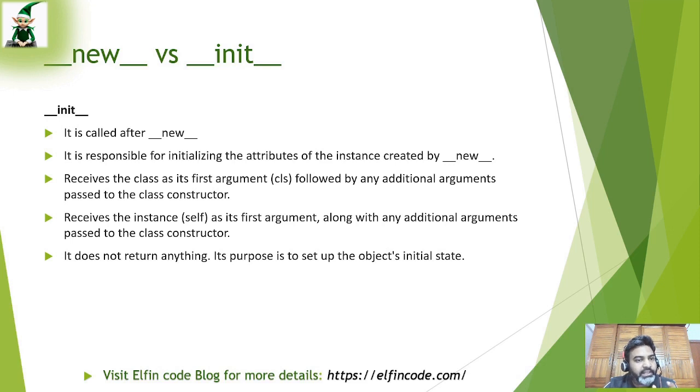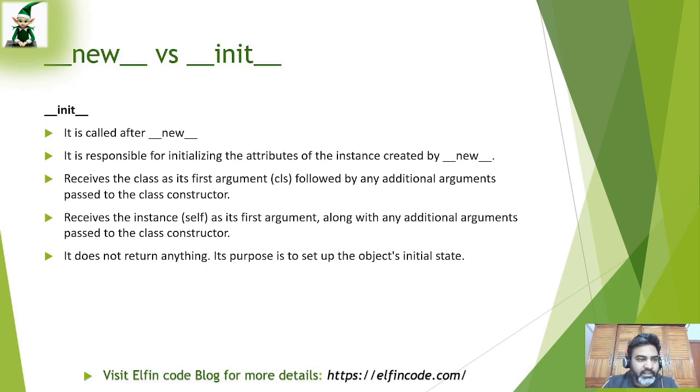So the newly created instance which is coming from the new method will act as self, and with the help of self you can initialize the instance variables. And then the last point, it does not return any kind of value. The purpose of this init method is just to initialize the instance variables which are present in your class.